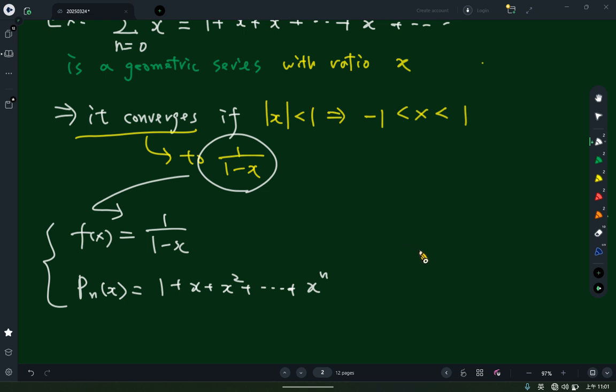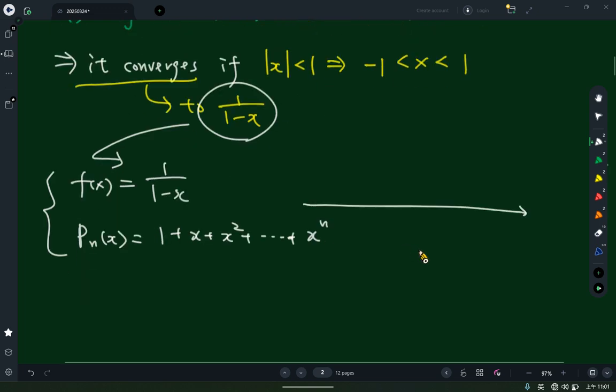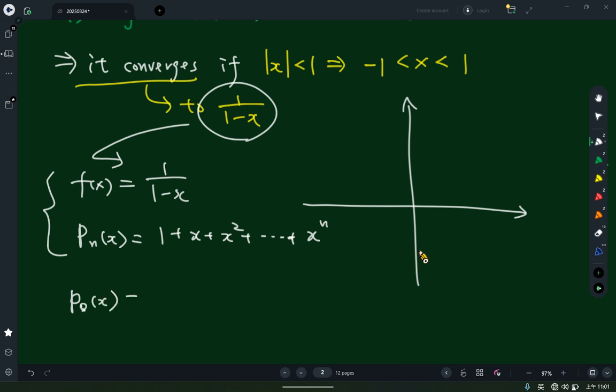So if I ask you to draw P0 of x, what is P0 of x? P0 of x should be 1, right? What is P1 of x? 1 plus x. What is P2 of x? 1 plus x plus x squared, right?